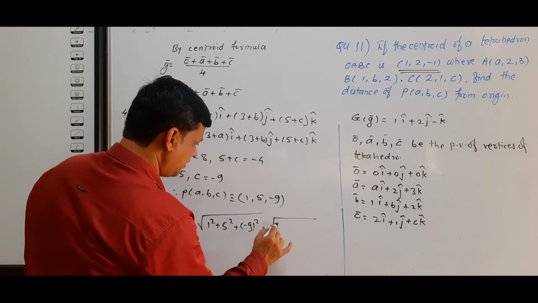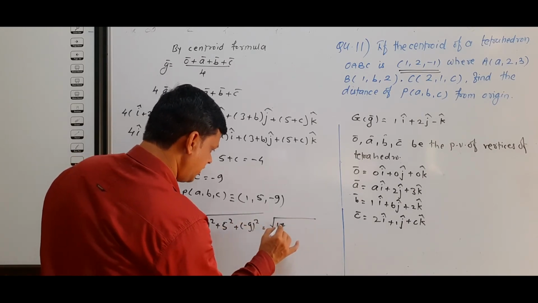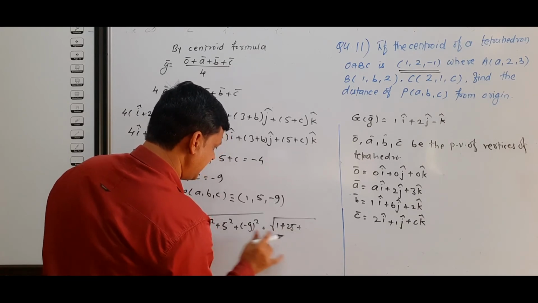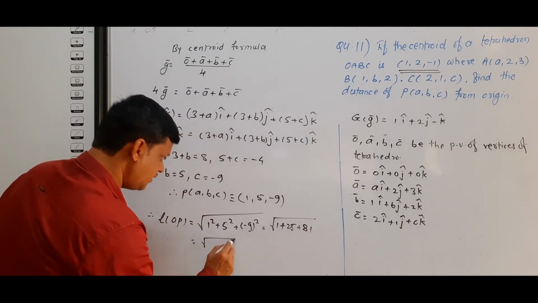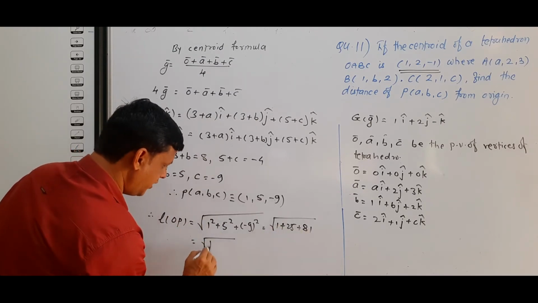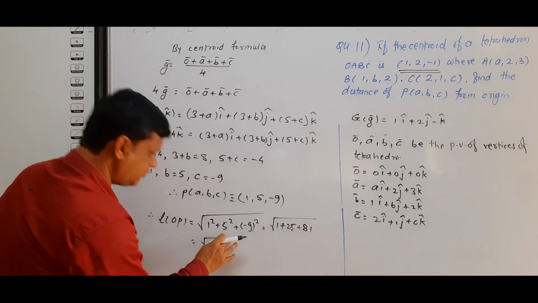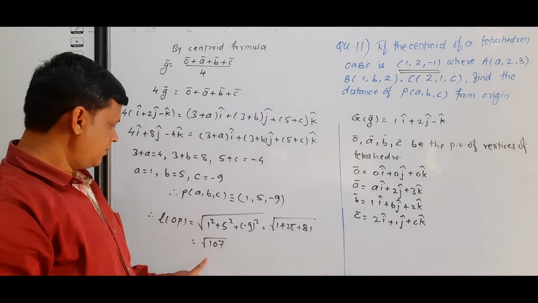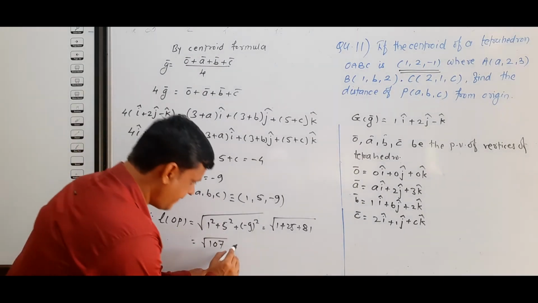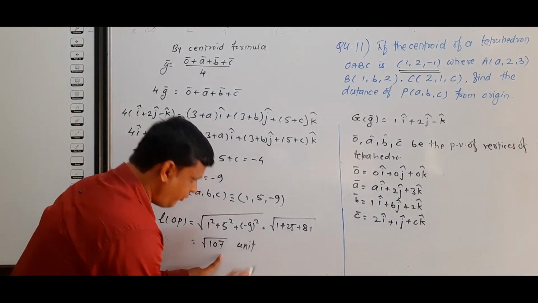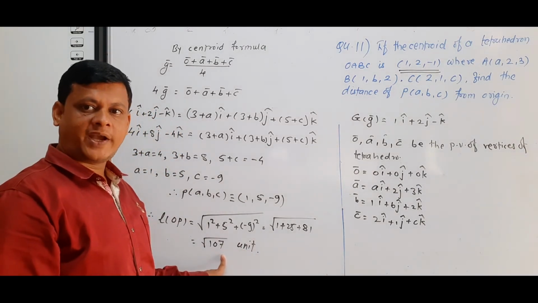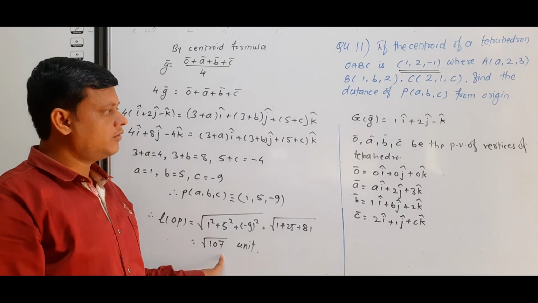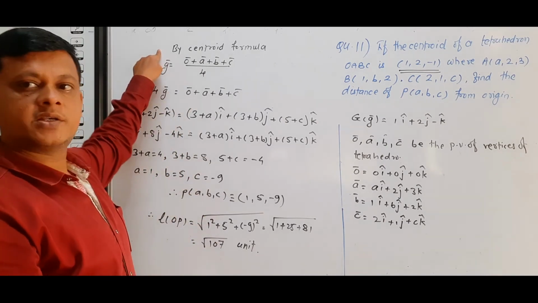So 1 square is 1, 5 square is 25 and 9 square is 81. So after adding it we get 107. So in this way we can find the distance of point P from origin. First we have to find its coordinate, which we find by using the centroid formula.